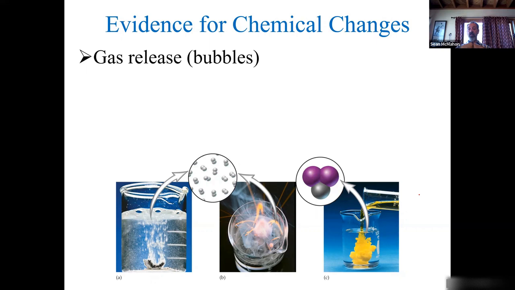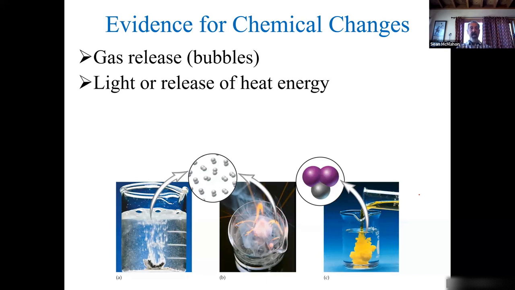It's a physical change as well, but it's not because of physical, I'm actually chemically changing it. Like if I add Alka-Seltzer and it starts fizzing, that is a chemical change, okay? Any light or heat released or absorbed is a chemical change, right?